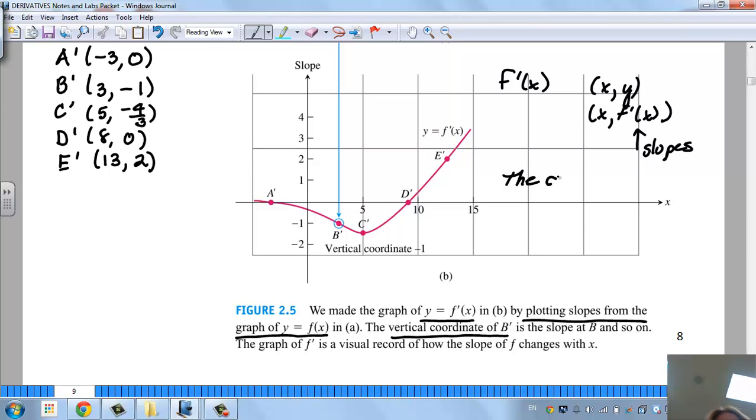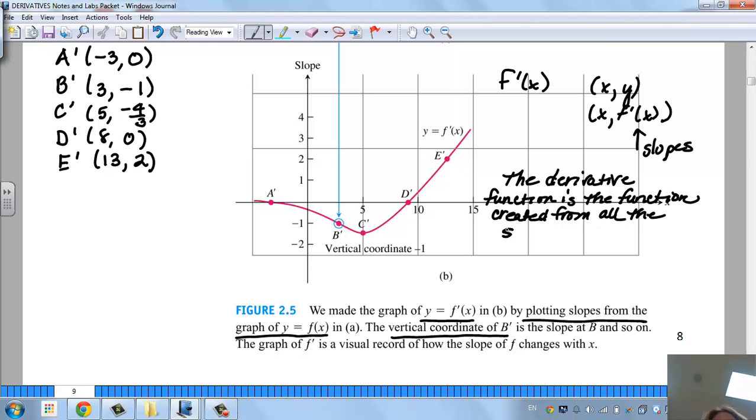The derivative function is the function created from all the slopes at the corresponding points.